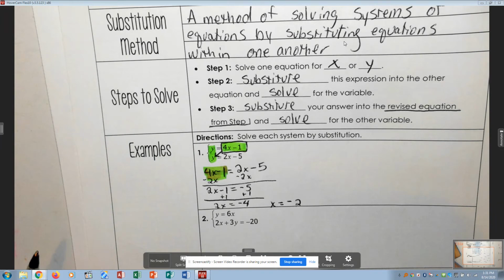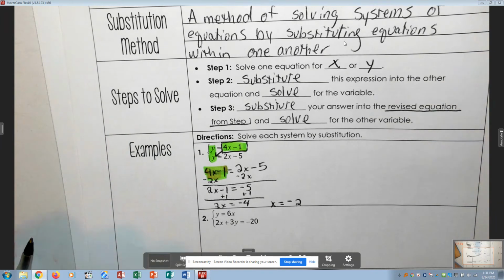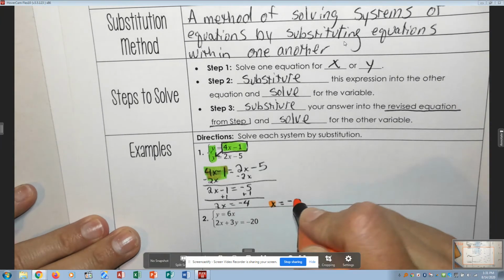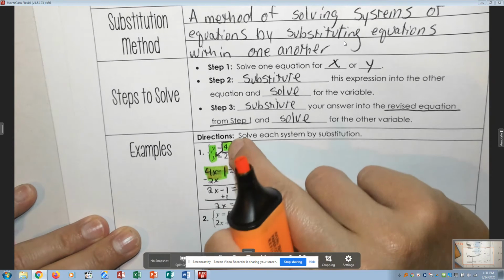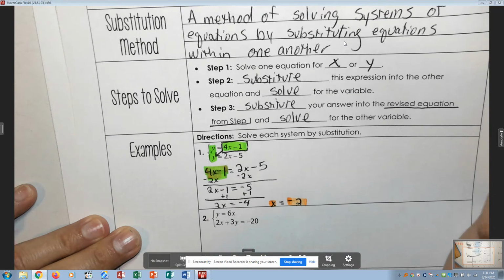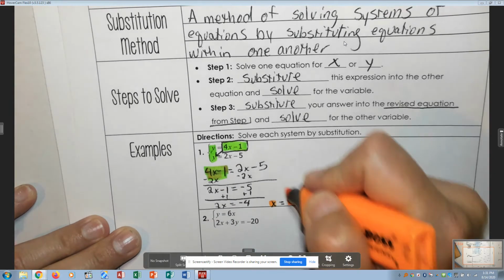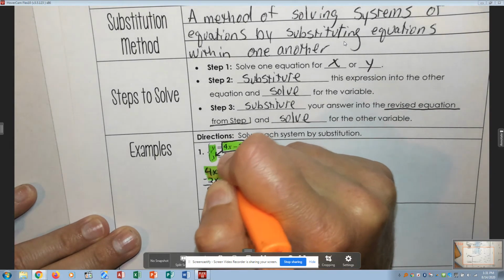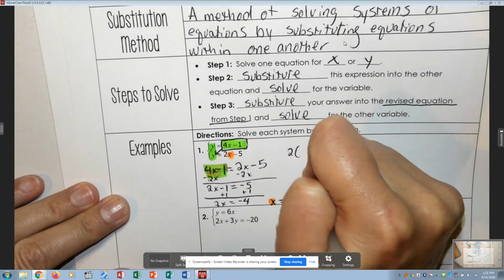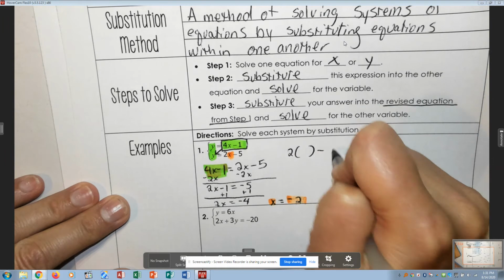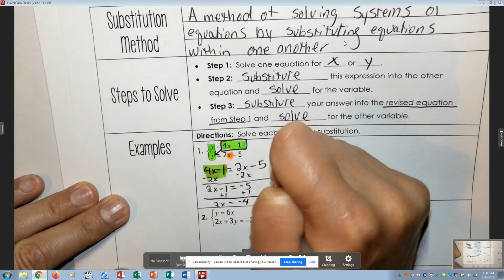Okay? So now that I have x is equal to negative 2, I'm going to plug this in for one of these x's. It doesn't matter which one, okay? So let's plug it in right here. So 2 times negative 2 minus 5 will give us our y.